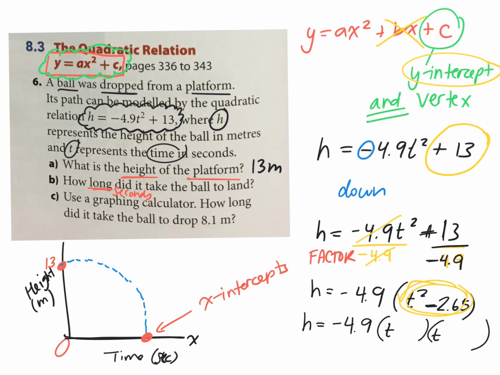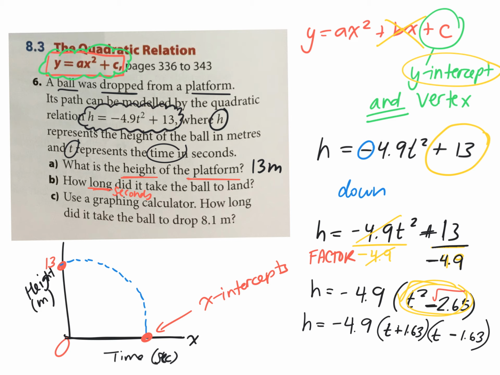T. What's the square root of 2.65? 1.63. Let's round it. So that means positive 1.63 and then negative 1.63. Those are the two factors, right?